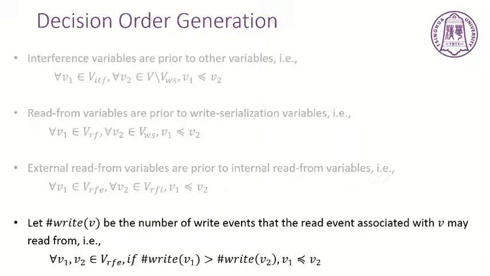For two read-from variables v1 and v2, if write(v1) is greater than write(v2), we say thread interference has greater impact on v1 than v2. Therefore, we assign v1 a higher priority than v2. When the SMT solving selects the next unassigned variable, we use this decision order and force it to select the interference variable first and perform the constraint solving.